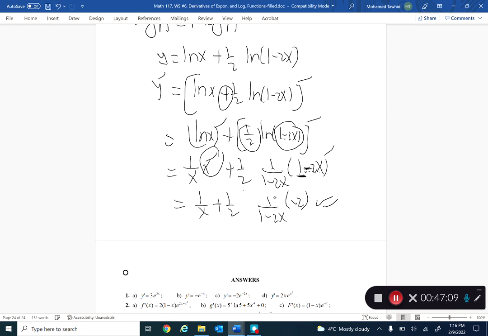So you can leave it like this. I'm happy. Or some people ask, can I cancel 2 with 2? Yes, you can. But what do you have in the middle? You have 1/x here. The 2 cancels with 2, but you have a negative sign, and here plus. Negative with plus, you have a negative sign coming out. And here 1 over (1 minus 2x).